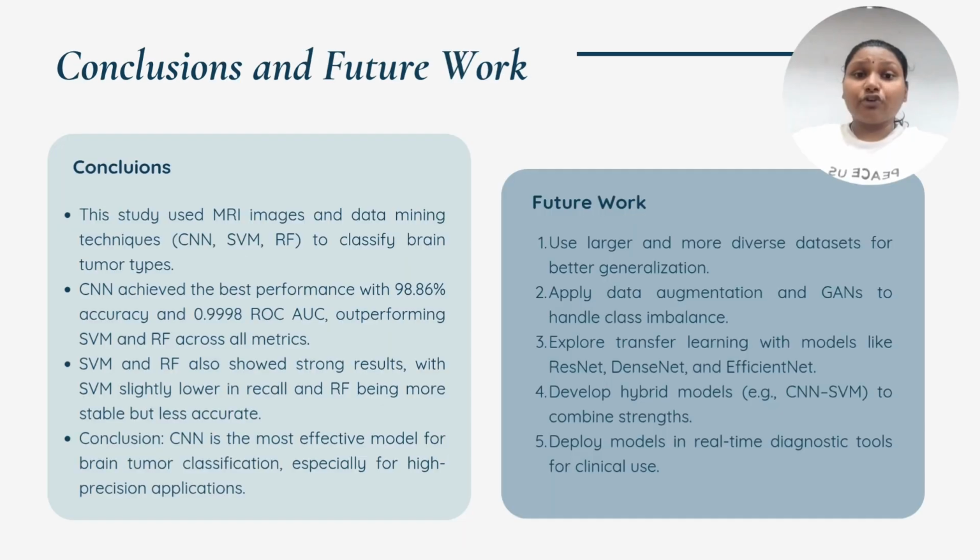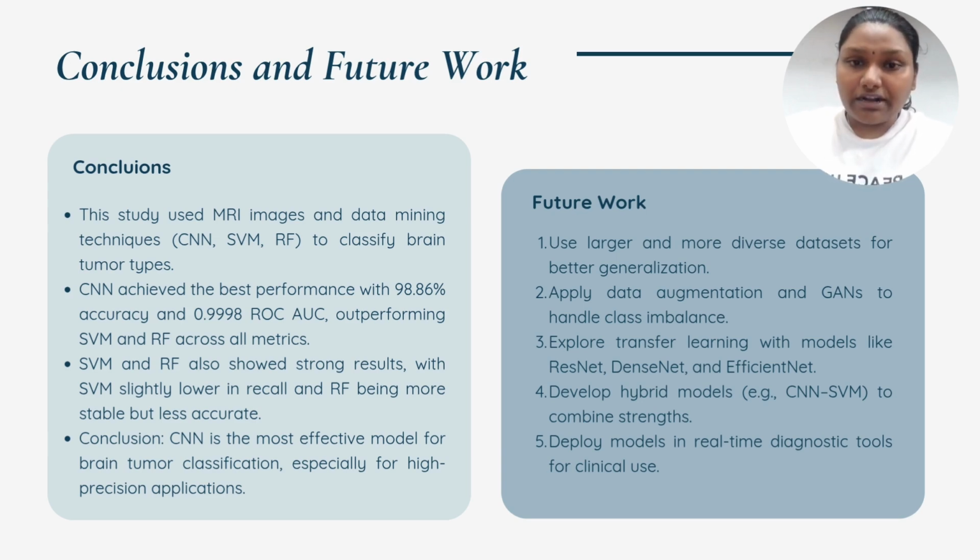So, as for the conclusion, this study used MRI images and data mining techniques, which are CNN, SVM, and RF (random forest), to classify brain tumor types. CNN achieved the best performance with 98.86% accuracy and 0.9998 ROC-AUC, outperforming SVM and RF across all metrics.